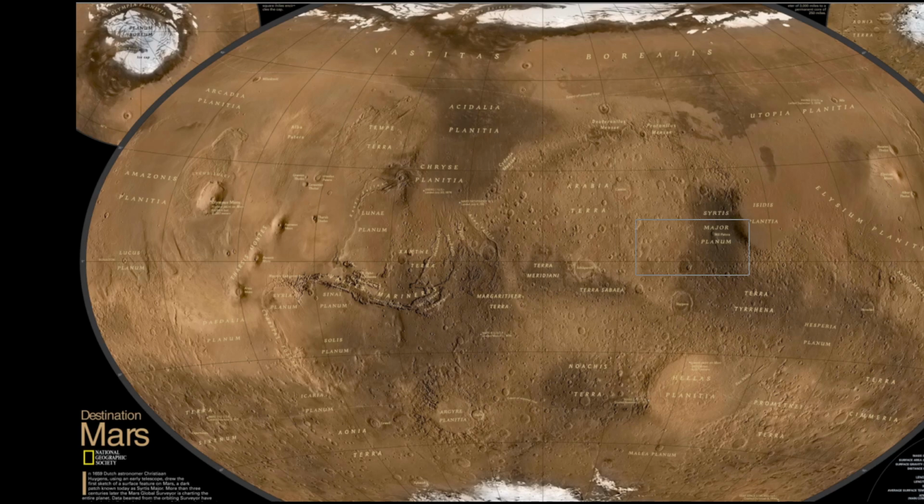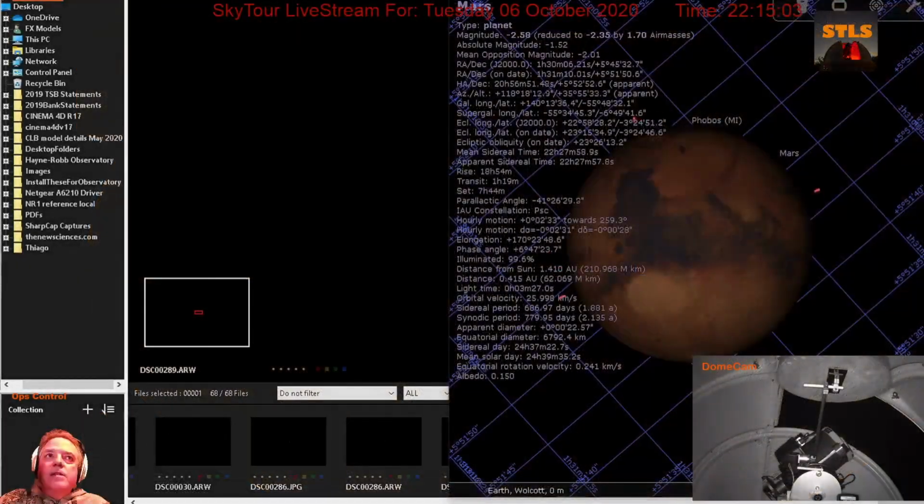All right, and then we can also come back to Mars here for a second, zoom in, and this gives us a little bit of a view of it too. You can see Syrtis Major. Let me get you back to it so you can see it. Okay. You can see Syrtis Major here.